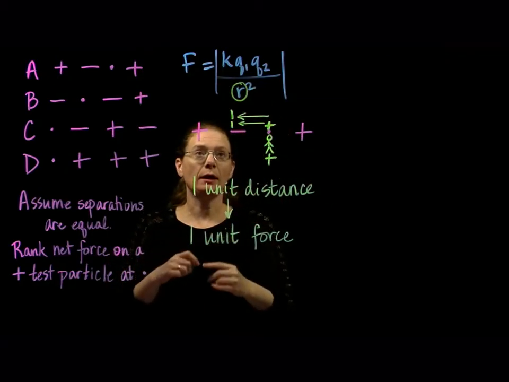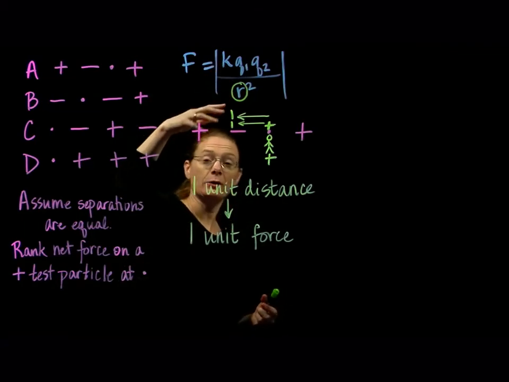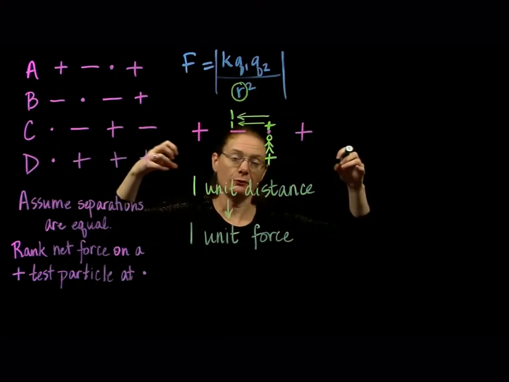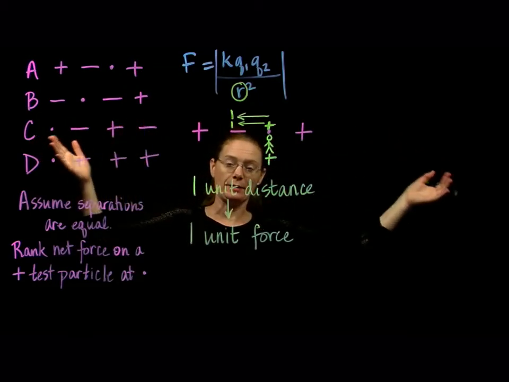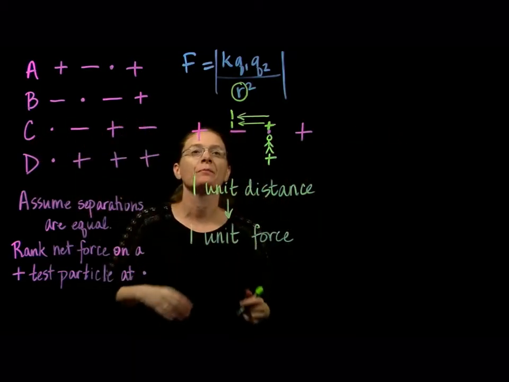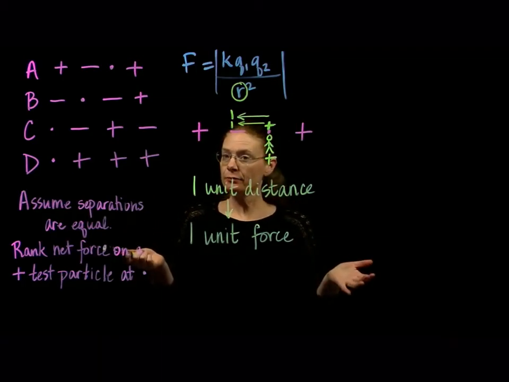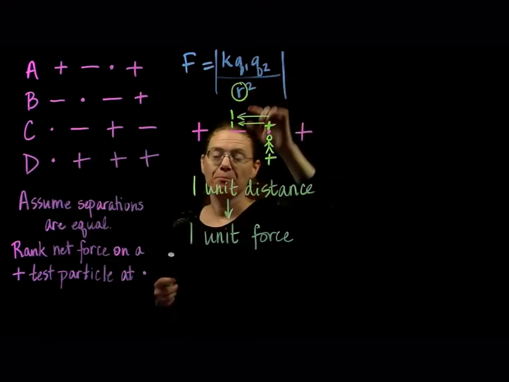Well, it's going to make it smaller because the R is in the bottom. And that should make sense because we know that as the charged particles get farther apart, the force between them is smaller. It's harder to see the effects if they're far away. It's easy to see the effects if they're close. So smaller. And you might say it's a half, but it's not. The distance is squared.